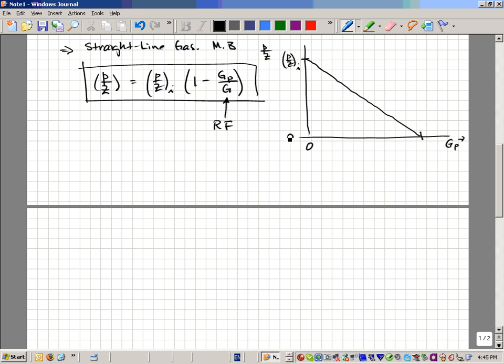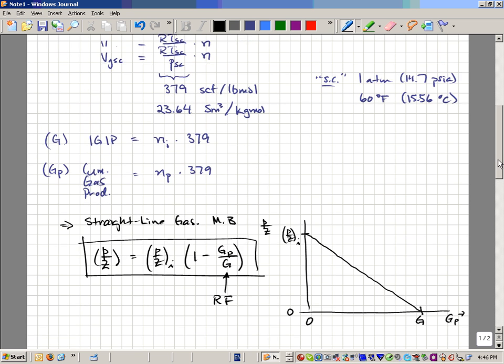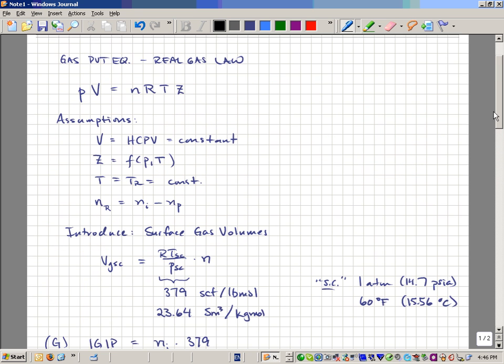And when we reach abandonment at 0 psi, we have the initial gas in place. So this is the straight line graphical representation of the same equation. So at this point, we're going to basically see that the cumulative gas produced is related with the PVT properties Z factor. This is being the assumption that there's no change in the hydrocarbon pore volume up here.